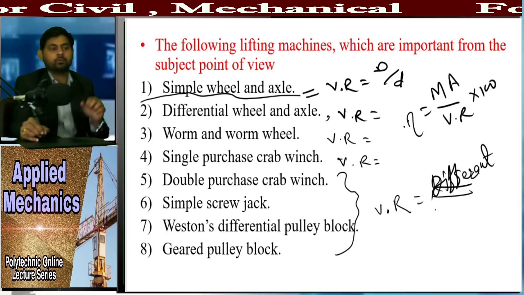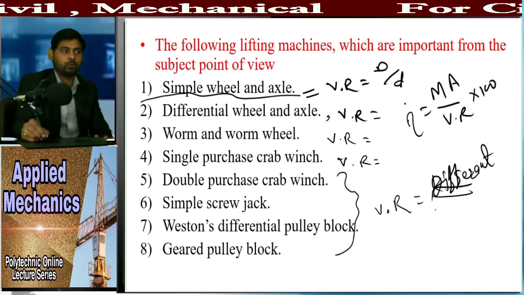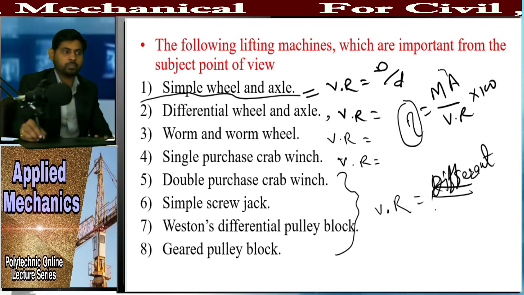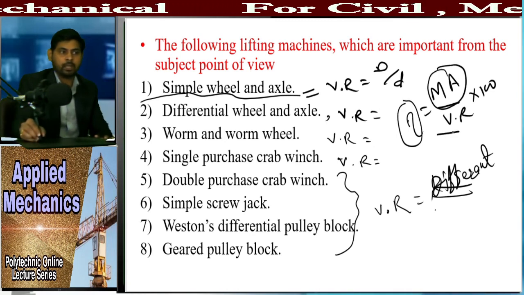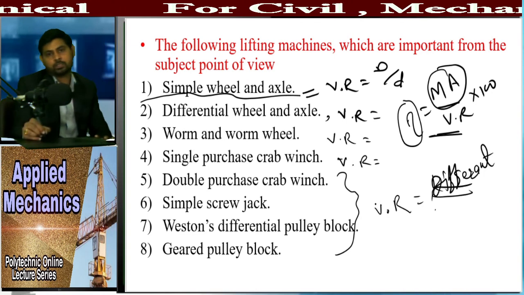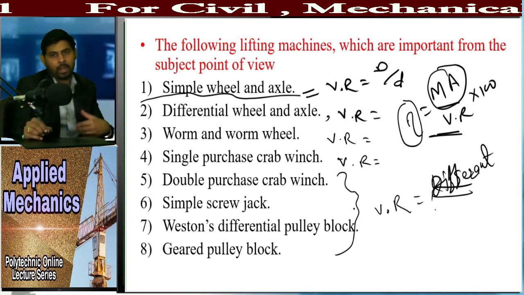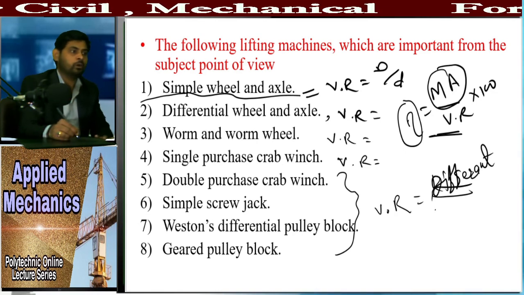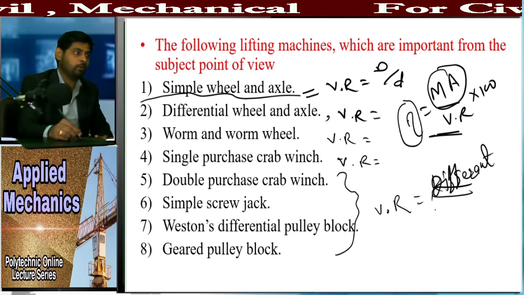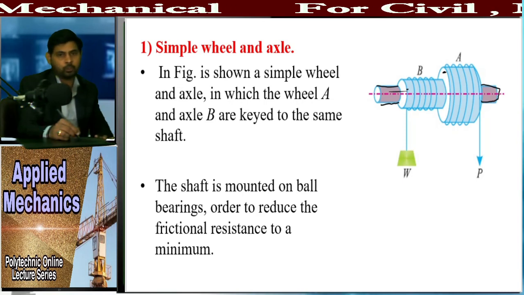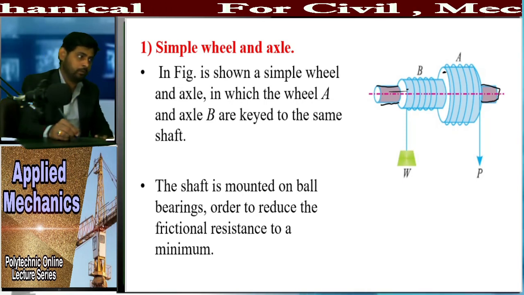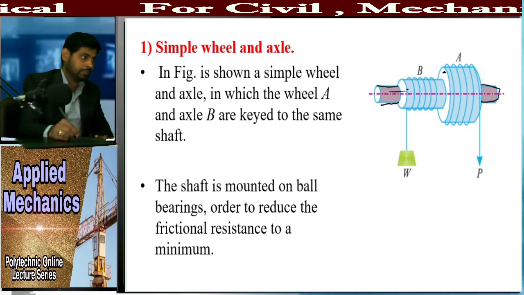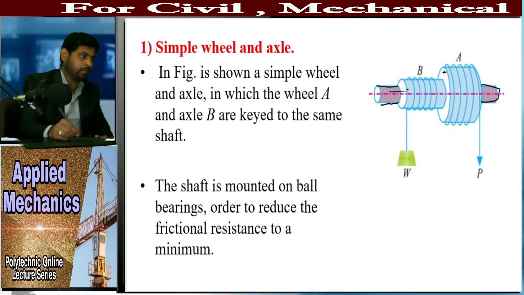In this equation we put the value of efficiency and mechanical advantage and find the value of velocity ratio. But from now onwards, in all these machines we have to find the value of velocity ratio by using the formulas for that. Okay, so this is our second problem.